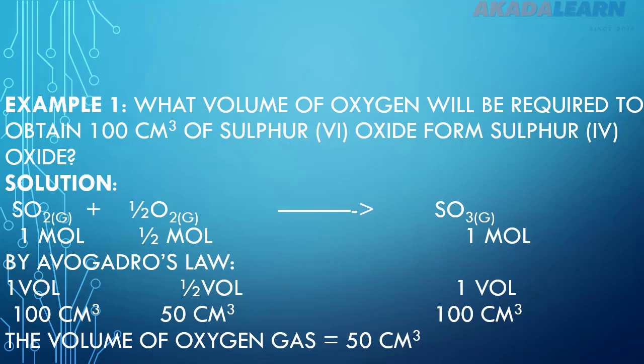By Avogadro's Law, you will see that 100 cm³ would need 50 cm³, which is half, to give us 100 cm³. The volume of oxygen gas is equal to 50 cm³, which is the answer to that question.